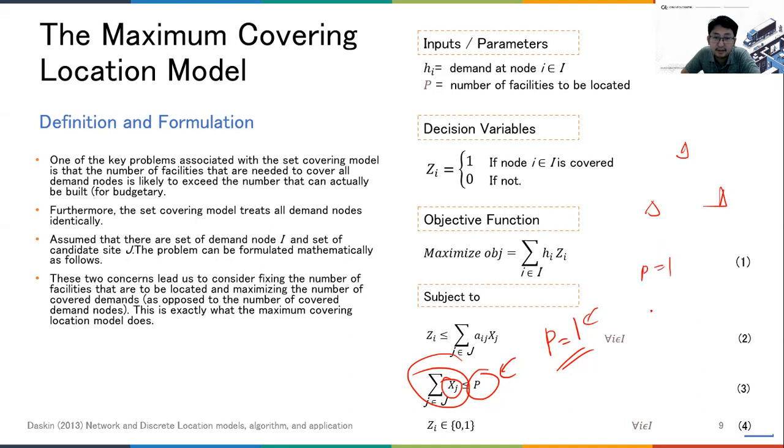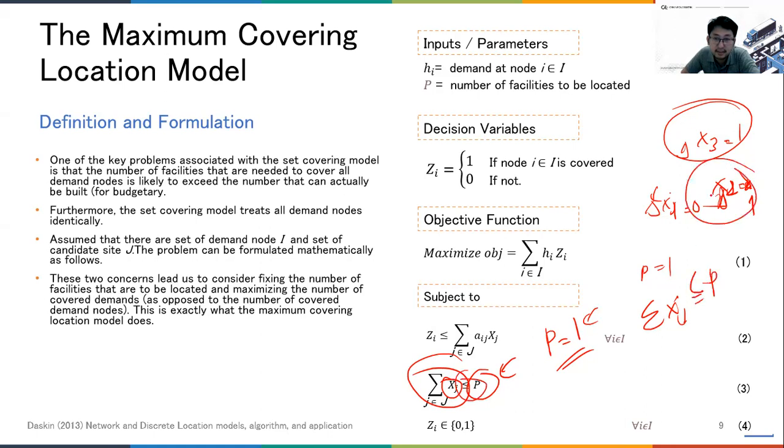If P equals 1, so sum of Xj, X1 equals 0, X2 equals 0, X3 equals 1. So this is feasible. But if another one is equal to 1, it means it is being used. So sum of Xj will not be less than or equal to P, right? Because you open two facilities, but you can only open one. So this will not be feasible for this particular problem.